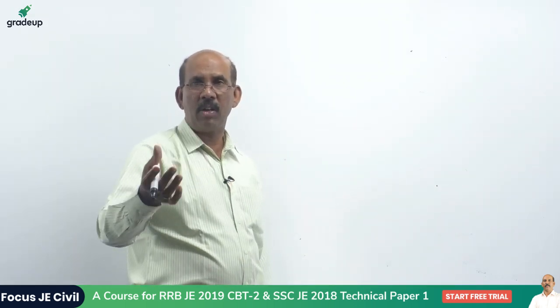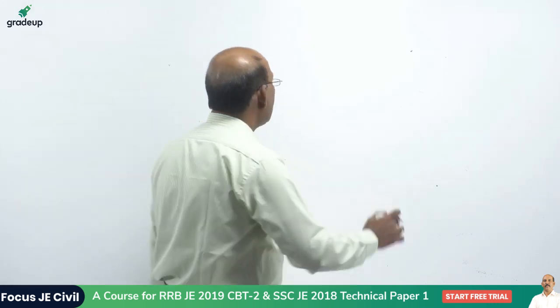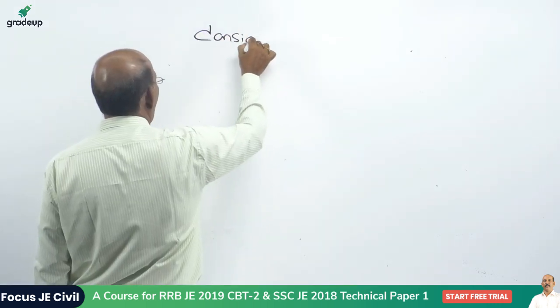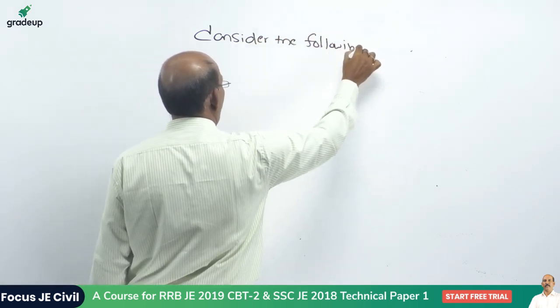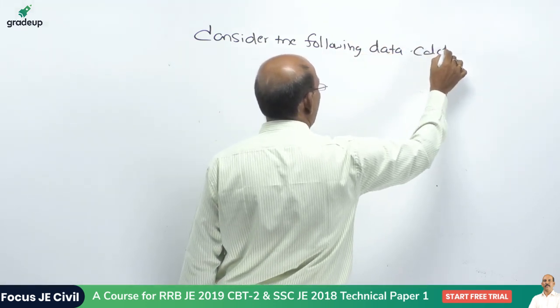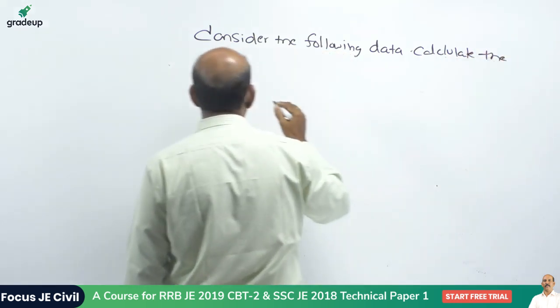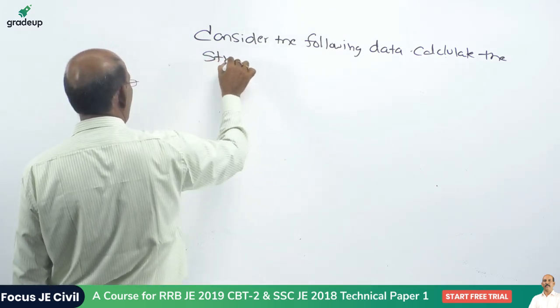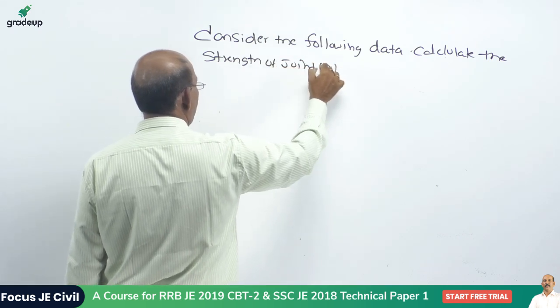Coming to the next question, the calculations based on the number of rivets, number of bolts, etc. So consider the following data: calculate the strength of the joint or the rivet value.